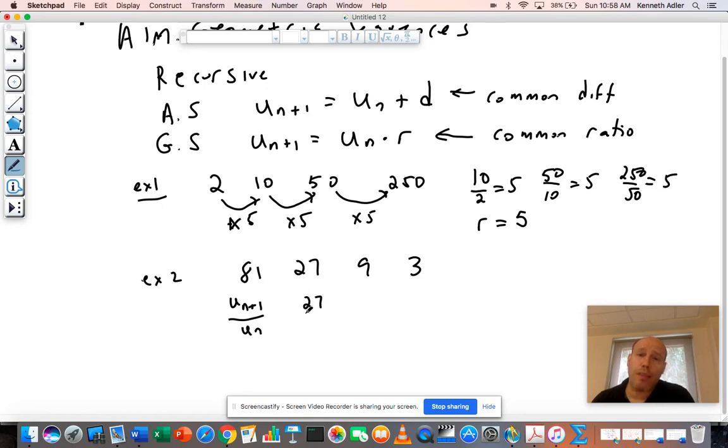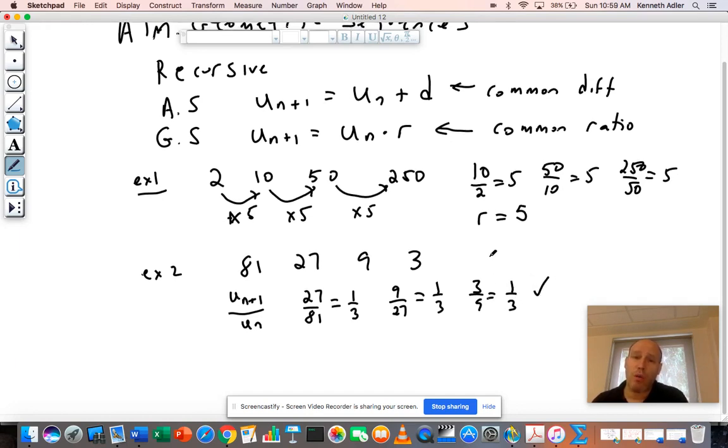So we say 27 divided by 81. Use your GDC, you'll get 1/3, or 0.3 repeating. Does it work for the next? Let's see, 9 over 27. That's also 1/3, or 0.3 repeating. Let's try the last. Let's try 3 divided by 9. I also get 1/3.